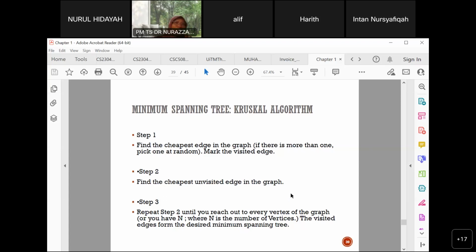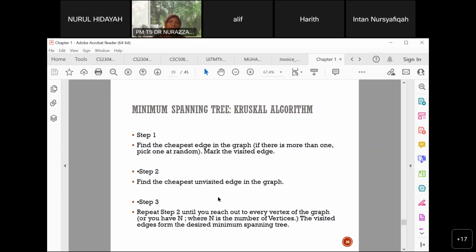So in this case sebenarnya, kalau kita susun the list of edges that exist in the graph from lowest to highest. That means kita susunkan weight of edges dalam graph tu mengikut turutan daripada kecil hingga besar. Sebab kita pilih yang kecil saja dulu.